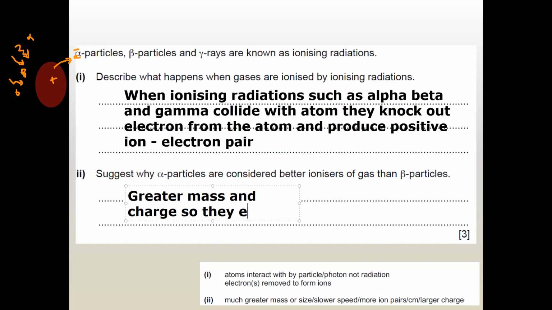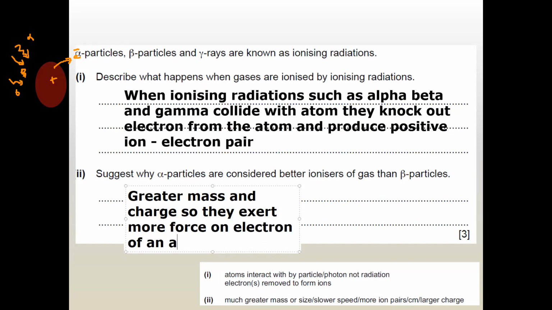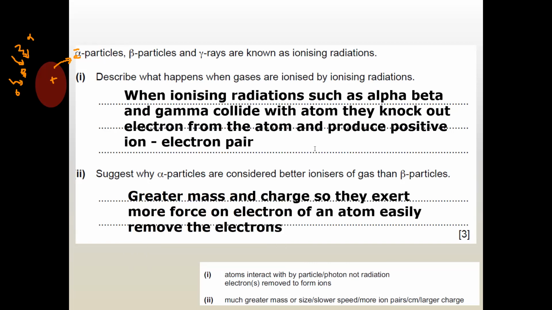So they exert more force on the electron of an atom, and as a result, as there is more force, it easily removes the electrons. Because of the greater mass and greater charge, these alpha particles, when they collide with the electrons, can easily knock out the electrons from the atoms.